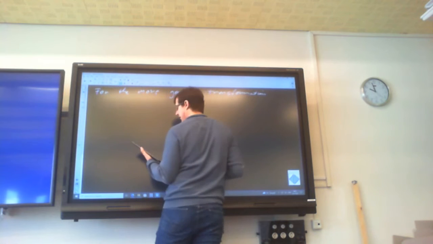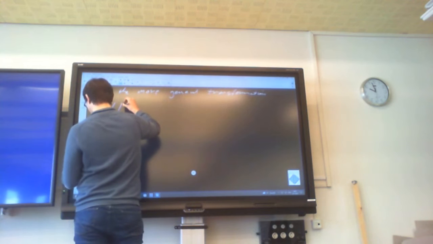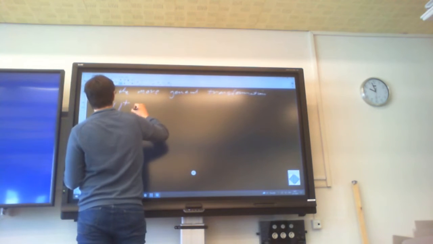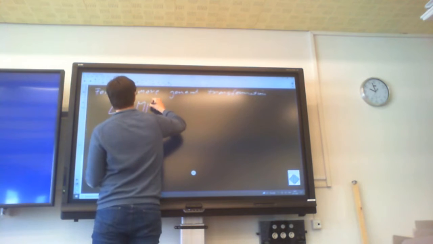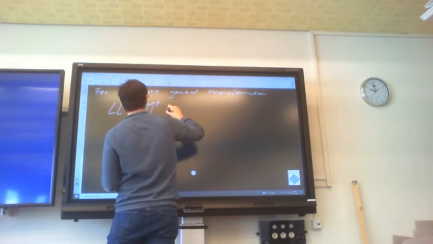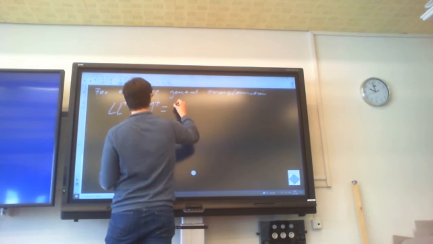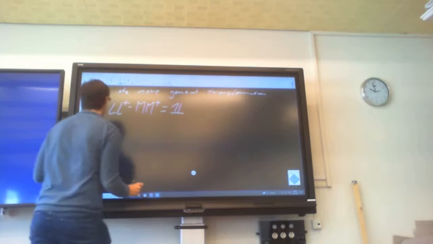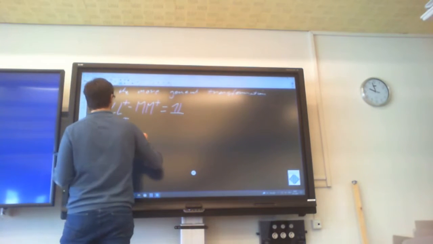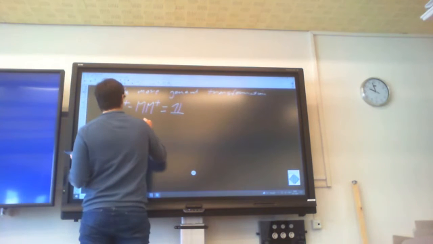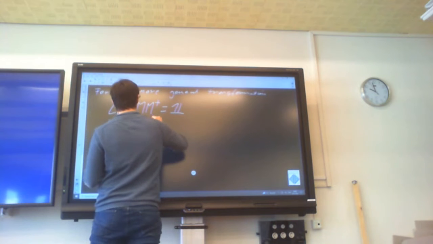We need to have that L dagger minus M, not transpose, the dagger needs to be identity, and we also need that L and transpose needs to be equal to M L transpose.